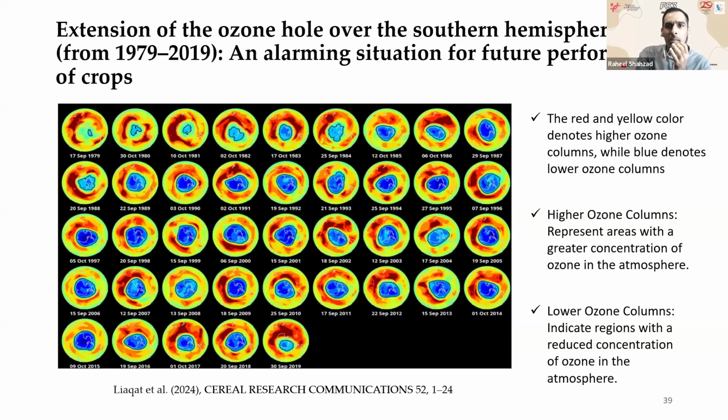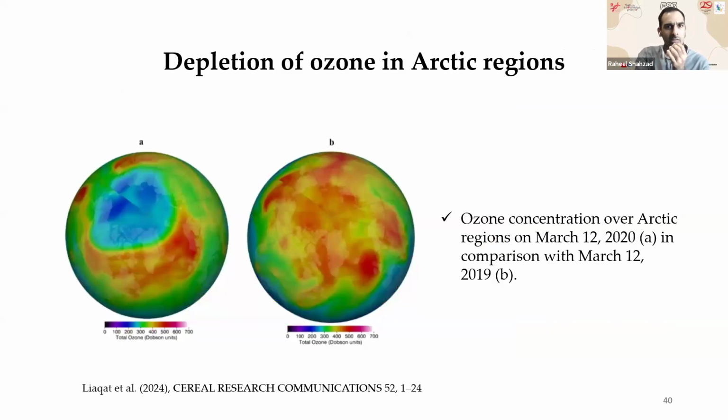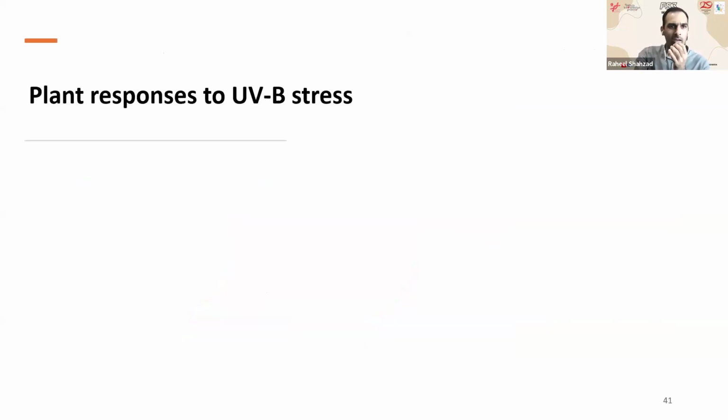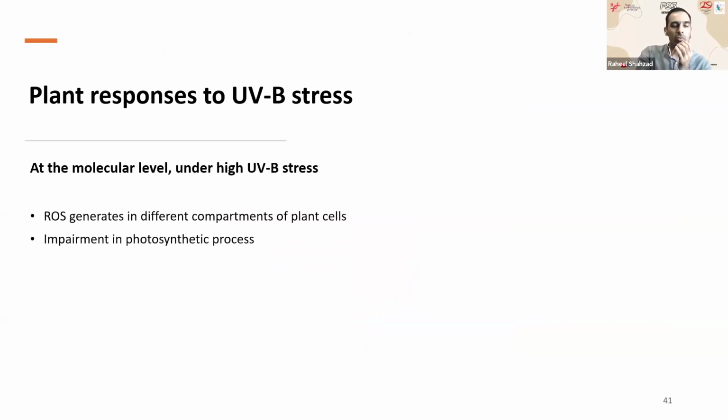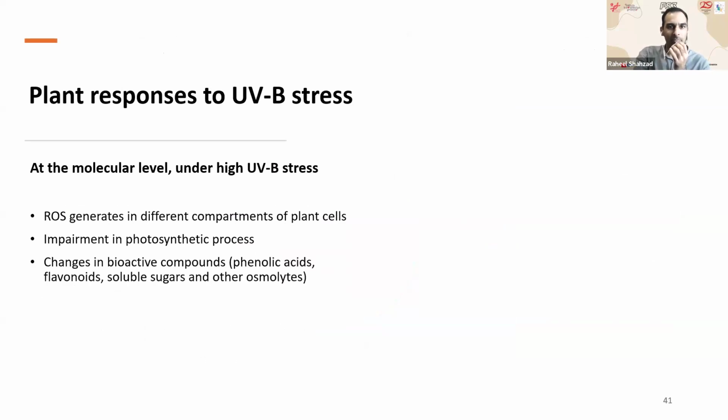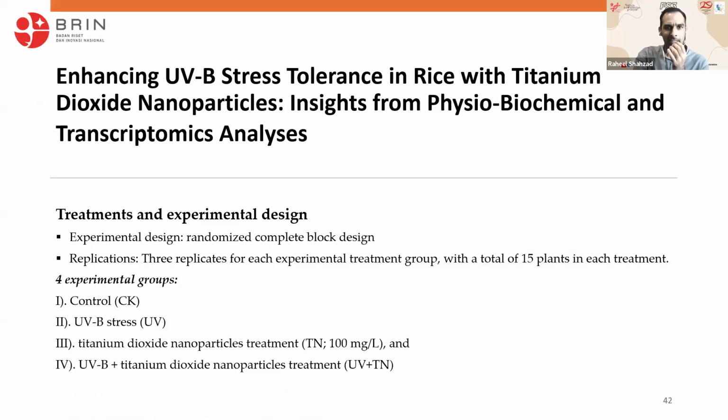UVB is another very concerning situation for the future performance of crops because of the depletion of ozone. There are very few people working in this specific area, trying to boost UVB tolerance or understand the mechanisms to boost it. We checked it, and it was quite effective.